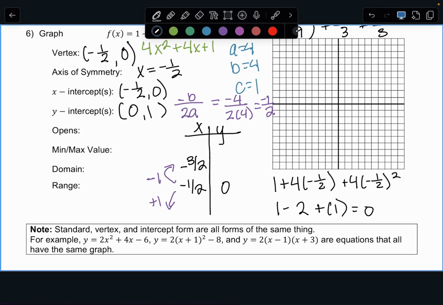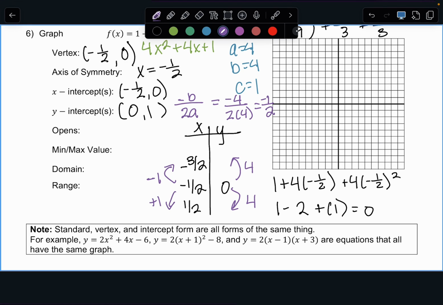Positive 1/2. Okay. I'm going to leave it like this for now, and you'll see why in a second. But instead of 1, 3, 5, 7, A is 4. So what am I really going to count up by? 4. And then 12, but that's going to fall off my graph.